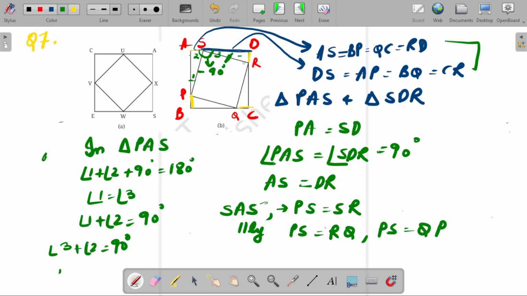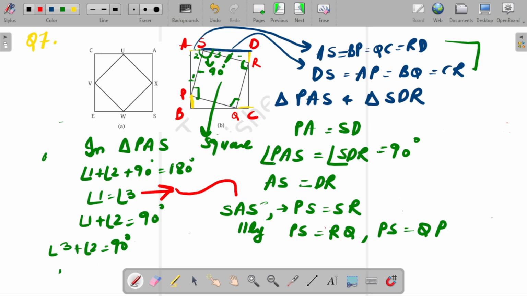And similarly, with the help of other pairs, you can easily find out that all the other angles are 90 degrees. Hence proved. So this is also a square. See, this is the wise portion here. This is not a trick, this is a magic here.